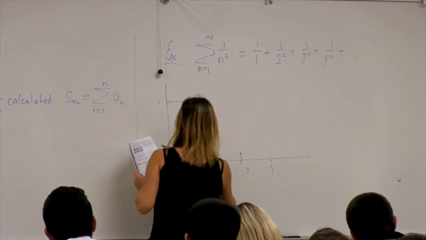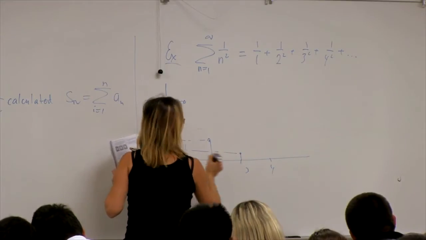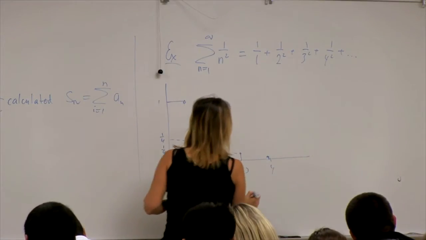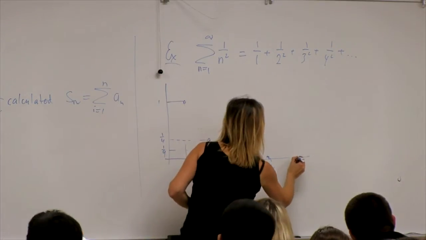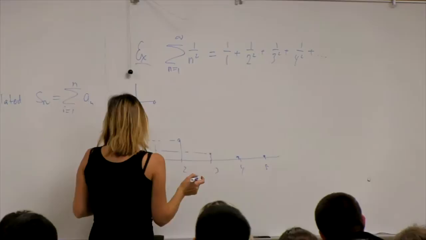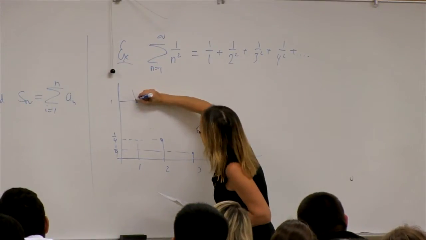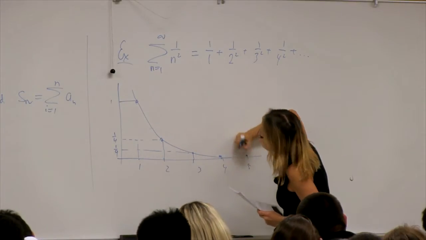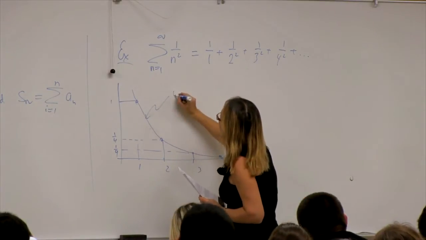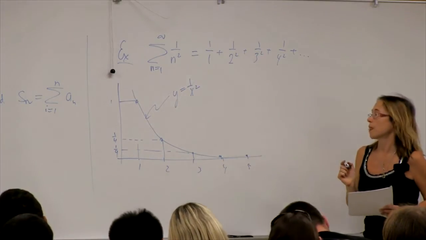The value here is 1 over 9. And the value here is 1 over 16. Okay, so it decays quite quickly. Like this. And I also want to draw a continuous curve which corresponds to the function y equals 1 over x squared, right?